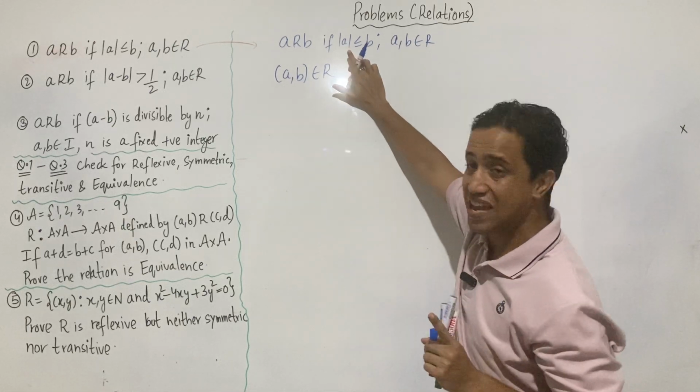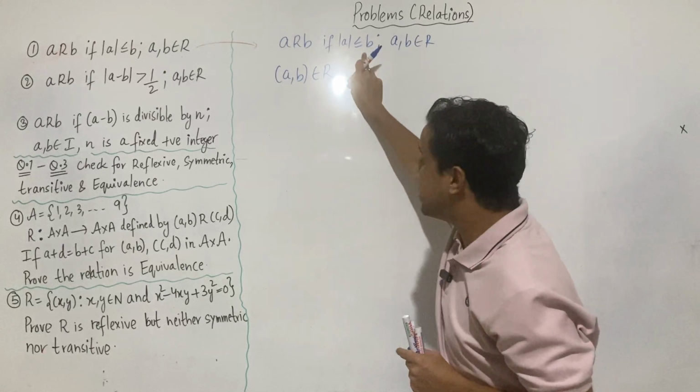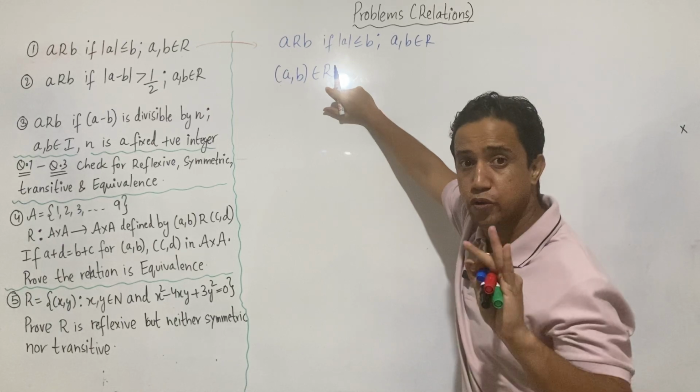So all those a and b which satisfy this are going to be part of the relation. I hope you understand my point.